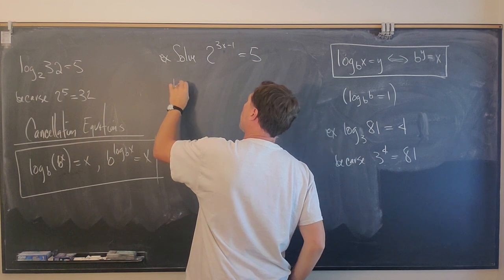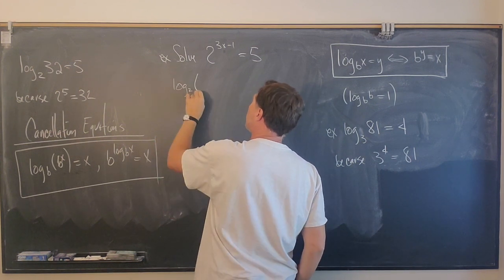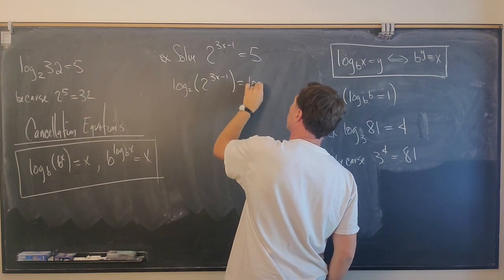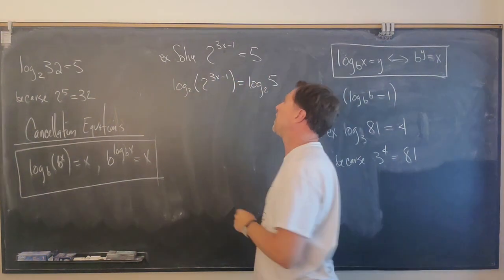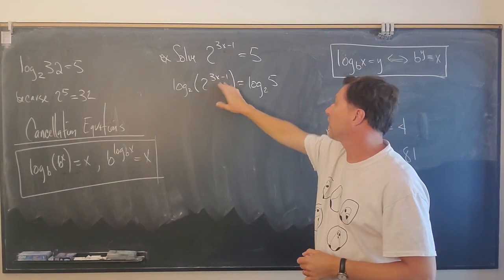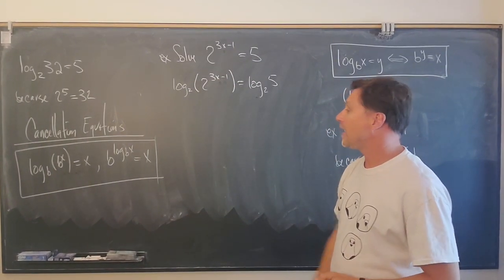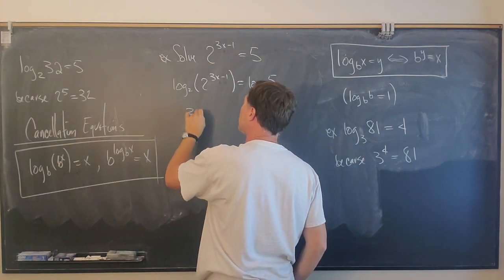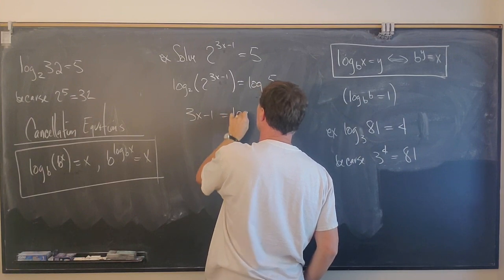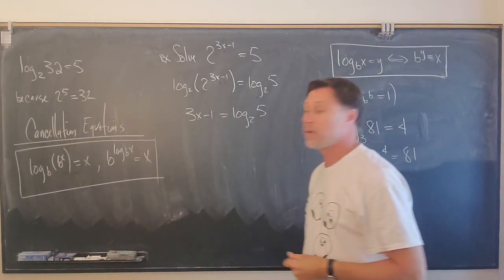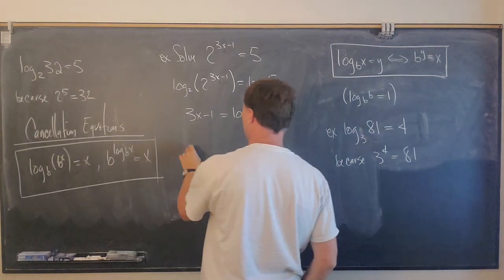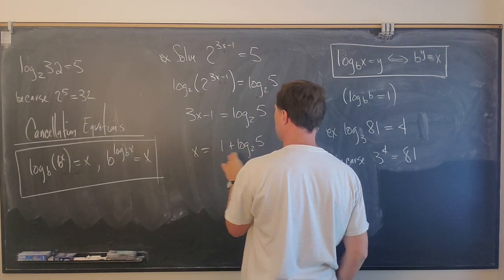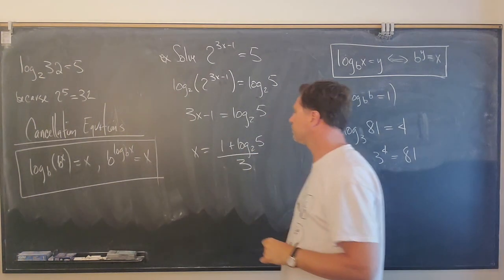If I use log base 2 and apply it to both sides, we get log base 2 of 2 raised to the 3x minus 1 equals log base 2 of 5. Now, from our cancellation equations, the left-hand side becomes 3x minus 1. And now we can easily solve for x. So x will be equal to 1 plus log base 2 of 5, divided by 3.